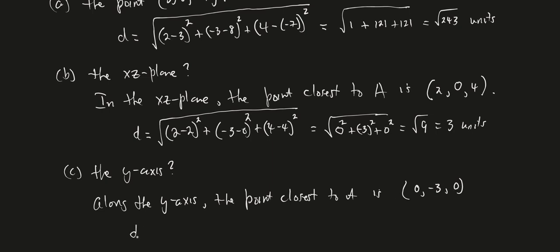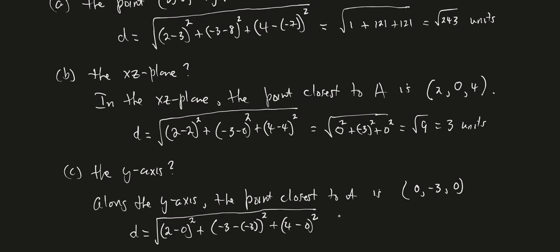So here's our distance. Taking our difference, it's 2 minus 0 squared plus -3 minus -3 squared plus 4 minus 0 squared, and then take the square root of that because of good old Pythagoras. So what do we end up with? 4. This is 0. And then plus 16.